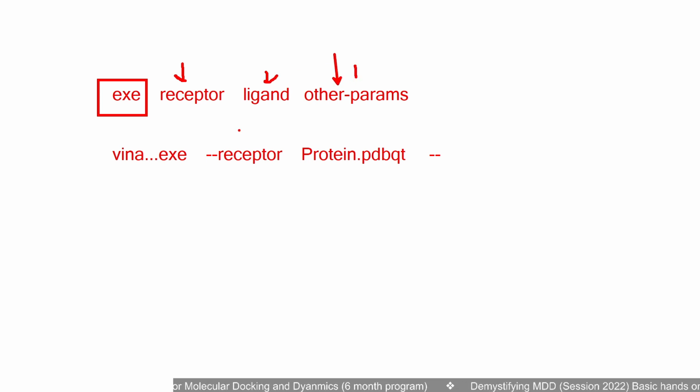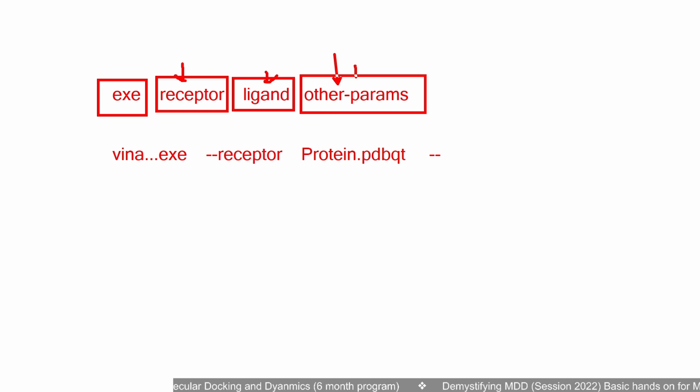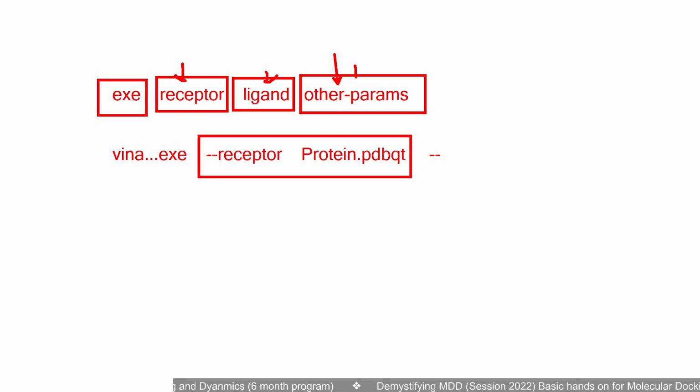So I am telling you how you can provide it a receptor and ligand and other parameters in the command line. Earlier you just typed your full file name of Vina.exe and pressed enter, and it gave you some output. Now I am telling you how you can tell it about the receptor by using double dash and receptor.